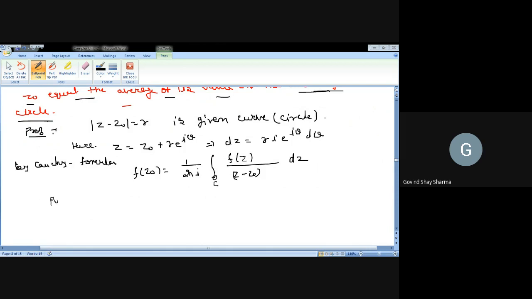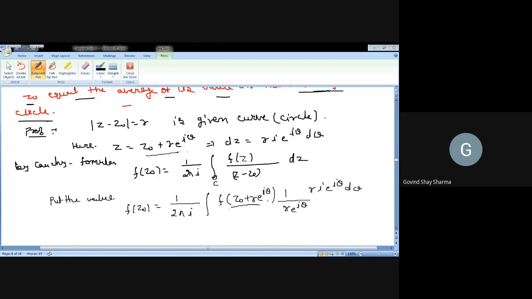Now put the values: f(z0) equals 1 upon 2 pi i, f(z0 plus r e to the power i theta), 1 upon r e to the power i theta, and dz is equal to r i e to the power i theta, because z is equal to z0 plus r e to the power i theta from here and dz is equal to this.